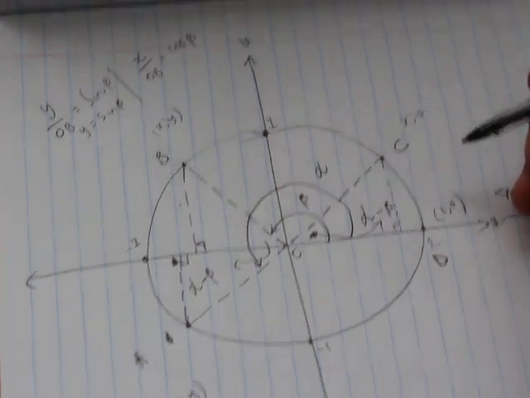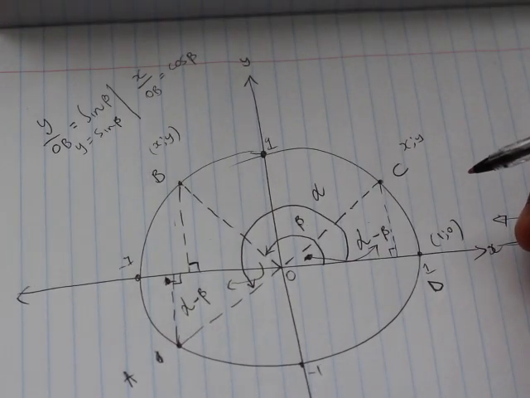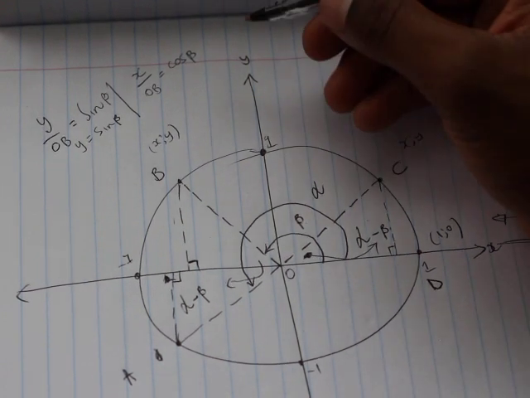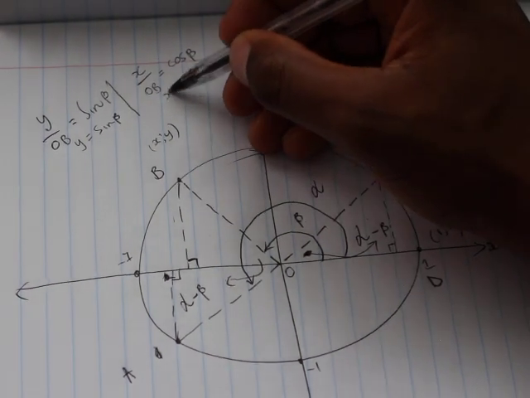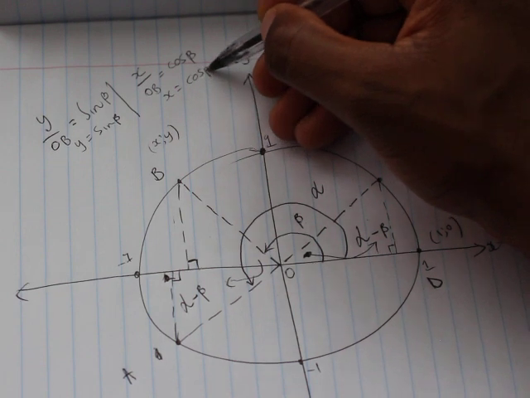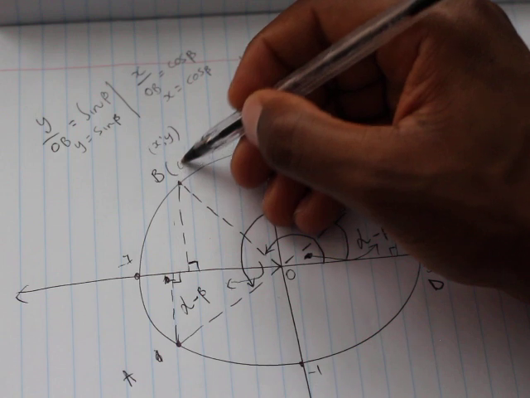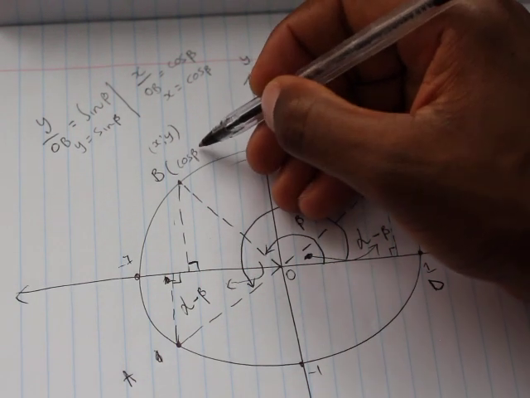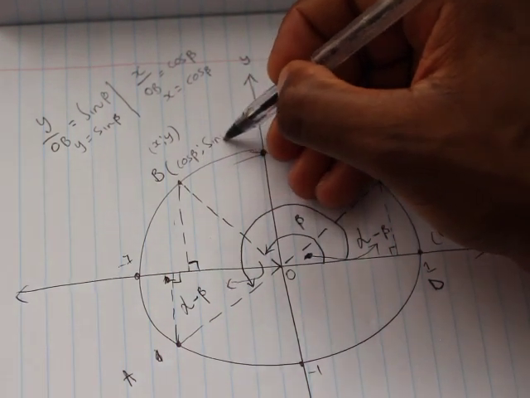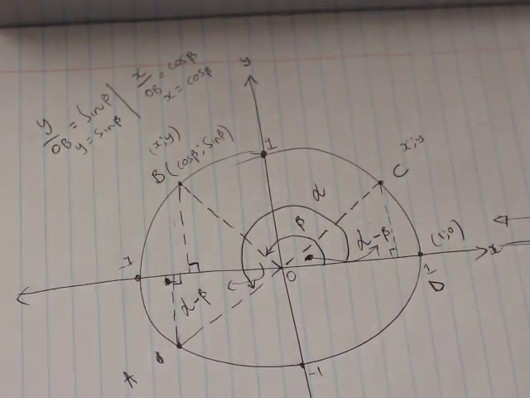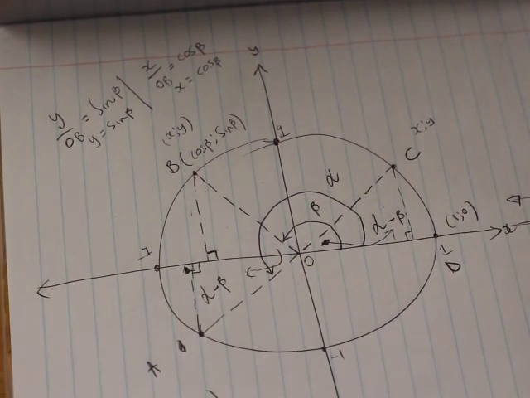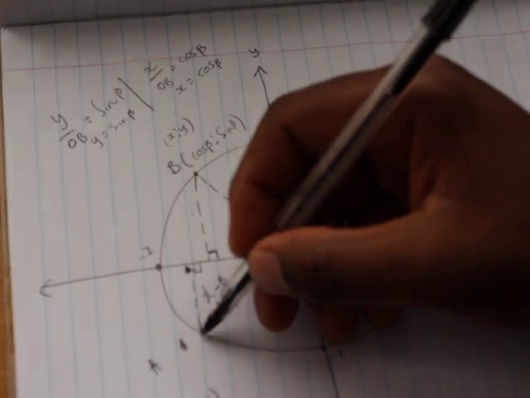So x over OB is equal to the cosine of beta, but OB is 1, so x is simply equal to the cosine of beta. So the coordinates here, x is cosine of beta, and y is the sine of beta. There you have it.